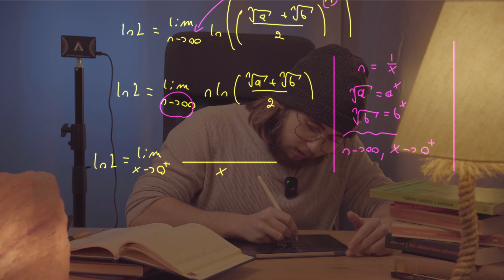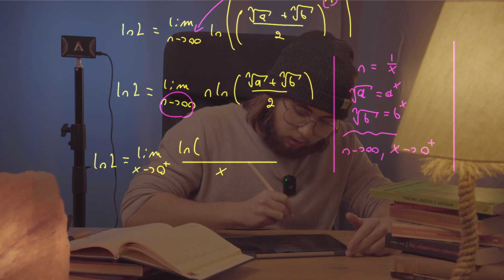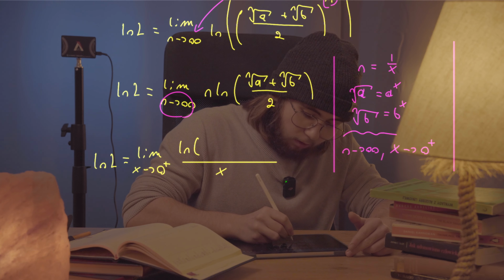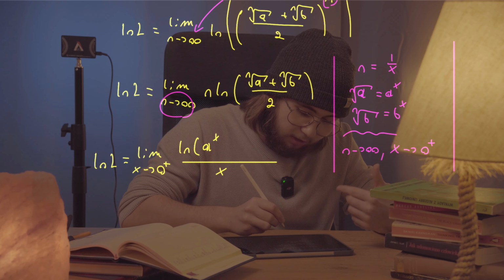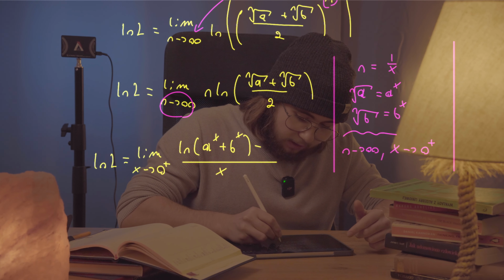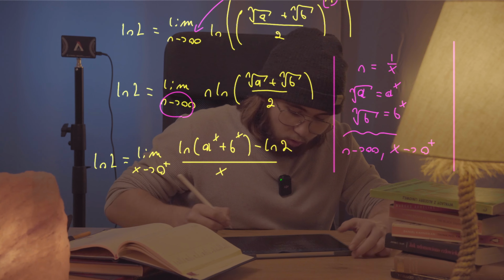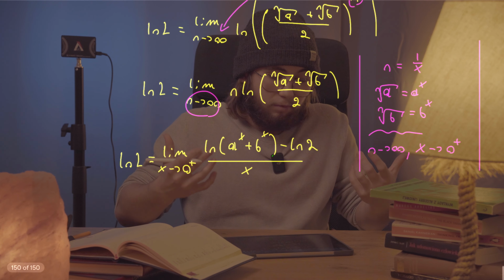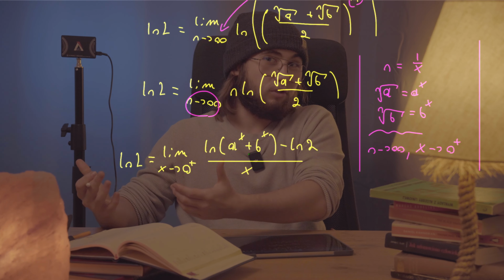So it's going to be the natural log of, well, this nth root of a will become a to the x, just as the nth root of b is going to become b to the x, and then this negative natural log of 2. So, well, yeah, we did it. We have a 0 over 0 situation.